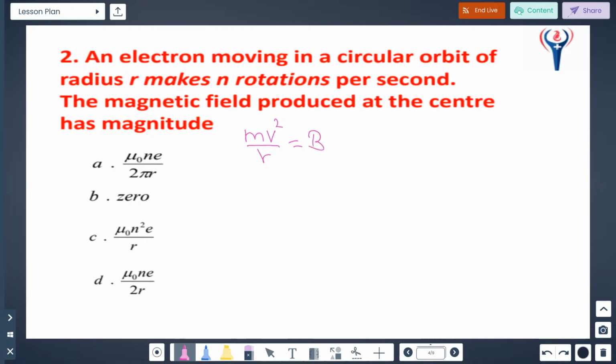B q v, and v and square getting cancelled. And here what you want to find? Magnetic field produced at the center. Then B equal to m v by q.